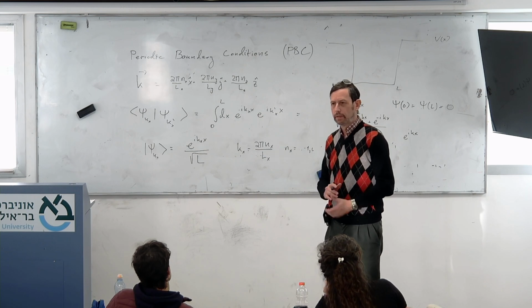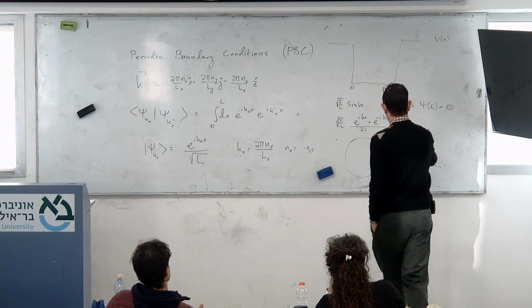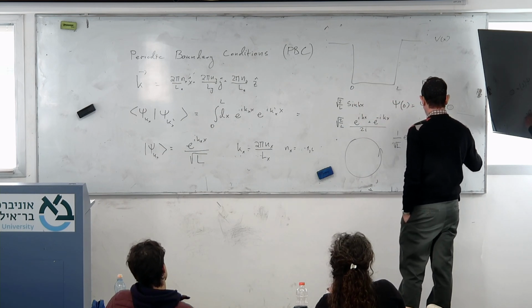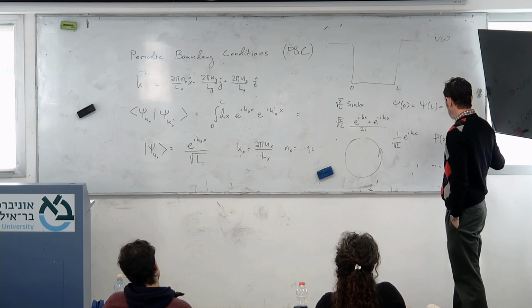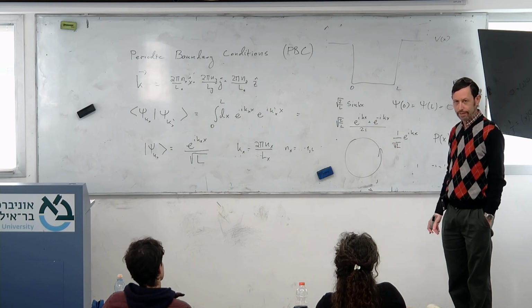The probability on the ring is 1. It stays on the ring, but in any position, P of x is 1 over L. The same probability of finding it anywhere.